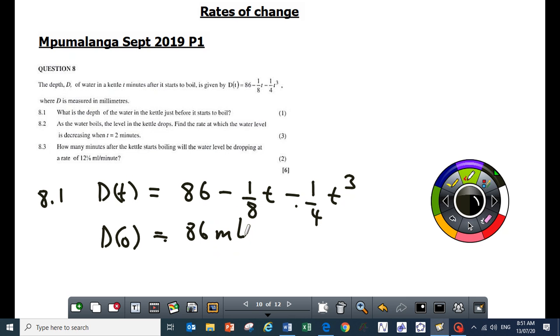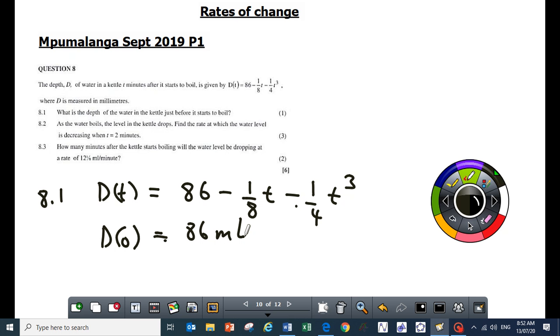Then 8.2, as the water boils, the level in the kettle drops. Find the rate at which the water level is decreasing when t is equal to 2 minutes. Now, I want you to be aware that the concept of an increasing or decreasing function is required under rates of change. Remember, if the gradient is negative, then the function is decreasing.